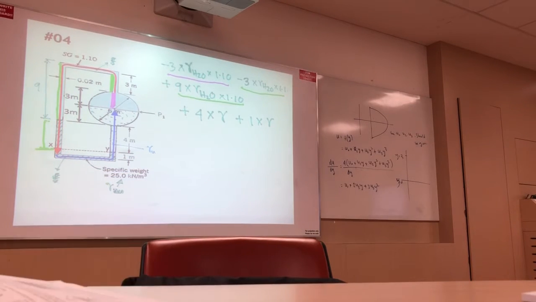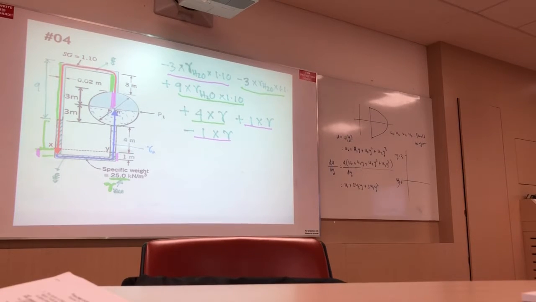We assume the specific weight of this fluid is gamma, which is 25. I just put it here. And here is 1, then I put 1 here. Okay? And then negative, this one.